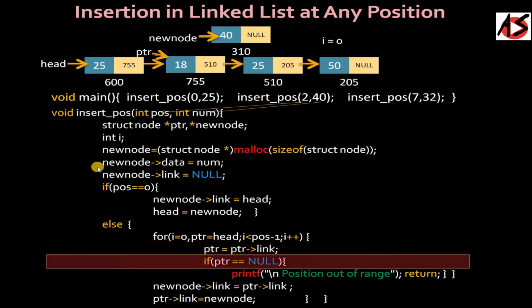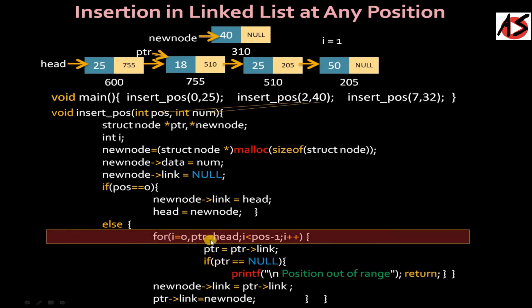Now again we will check the condition if pointer equal to null. Here you can see pointer is indicating some node, that is 755, which is not null. So this condition is false. Again we will check the condition i is less than position minus 1. Position 2 minus 1 means it is 1. So i is now 1, and 1 is less than 1 is false.